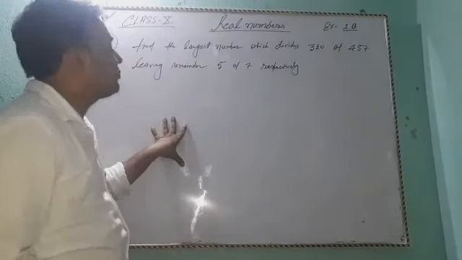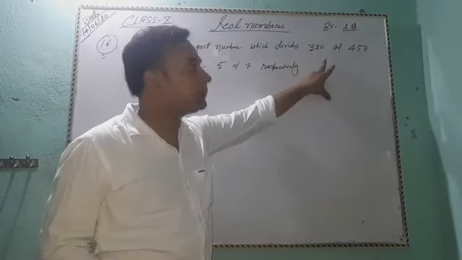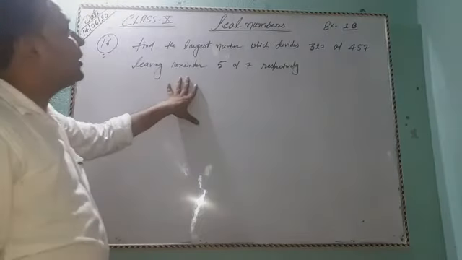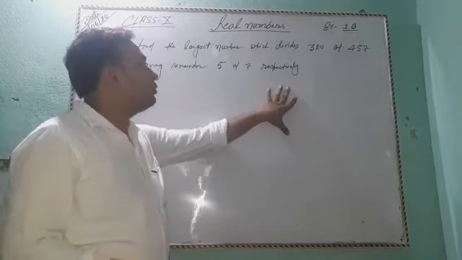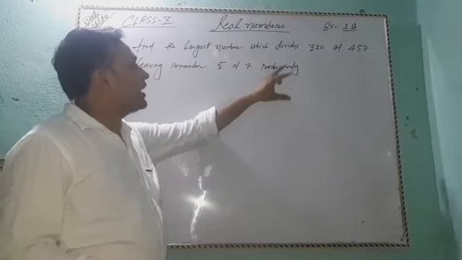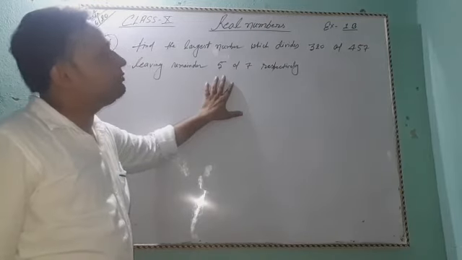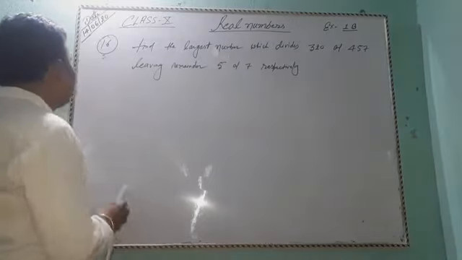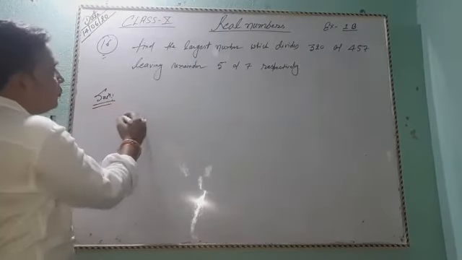Find the largest number which divides 320 and 457, leaving remainder 5 and 7 respectively. So first of all we subtract 5 from 320 and 7 from 457. So the required number, let's start the solution.